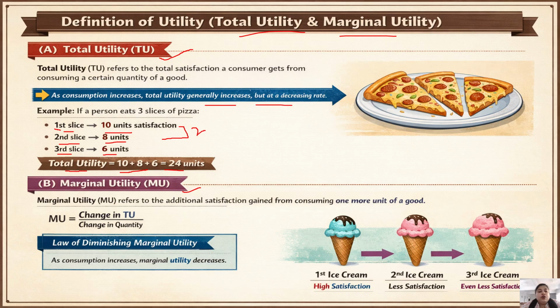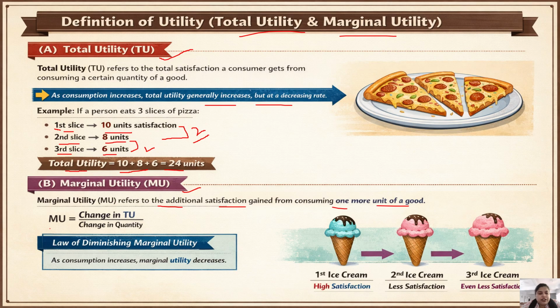So we can say that 2 is the marginal utility of the consumer. Again, the consumer takes the third slice, which gives 6 units of satisfaction, and again 2 units are reduced. So marginal utility refers to the additional satisfaction gained from consuming one more unit of a good.